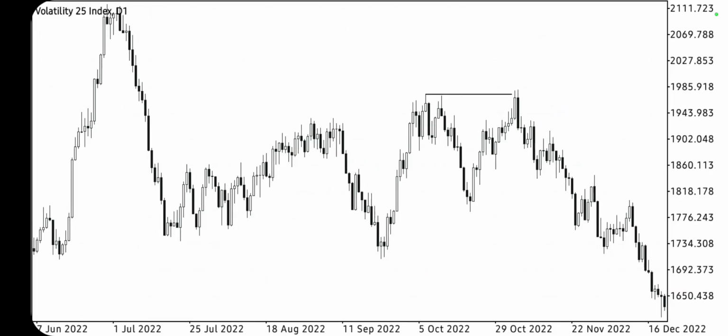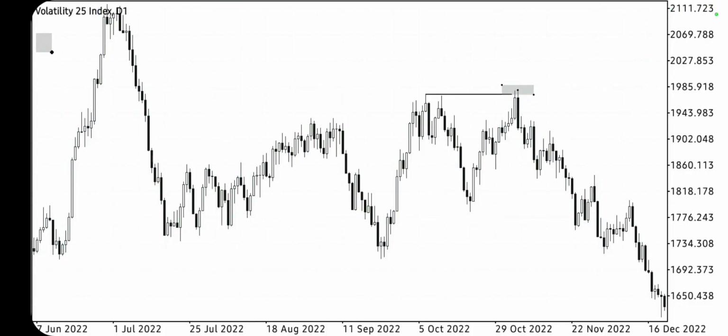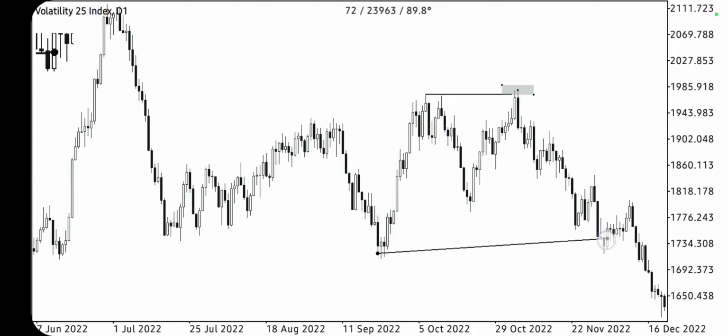We had this high entered by this before we had this break of structure to the downside.